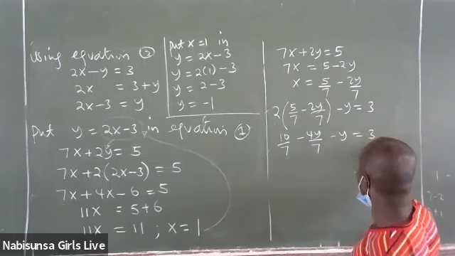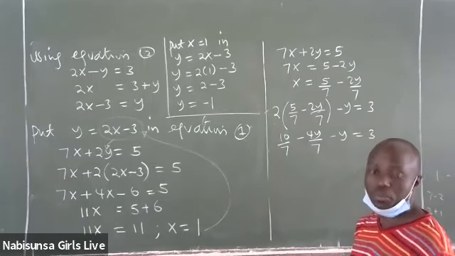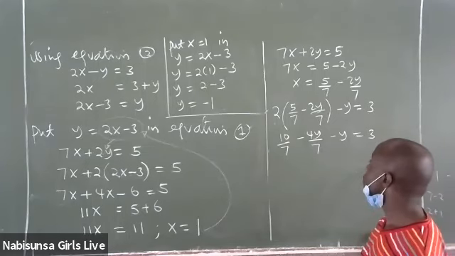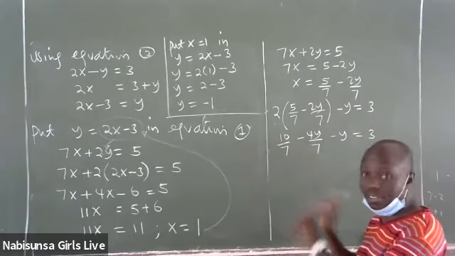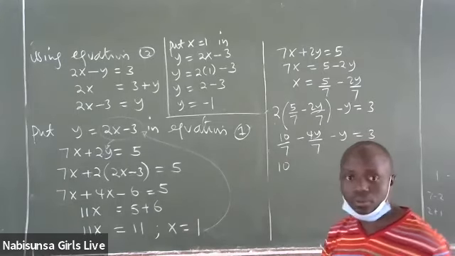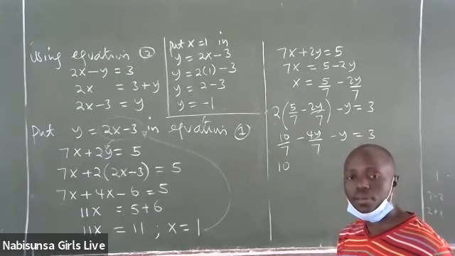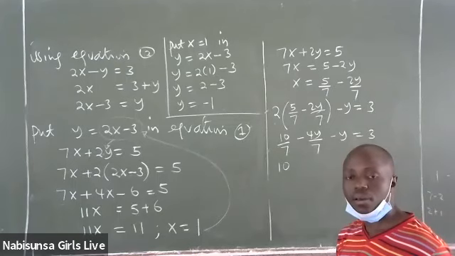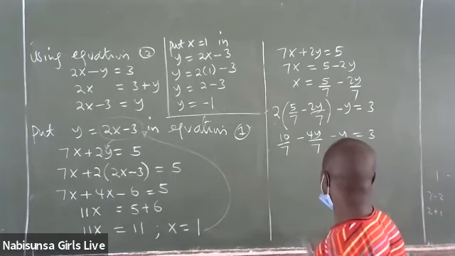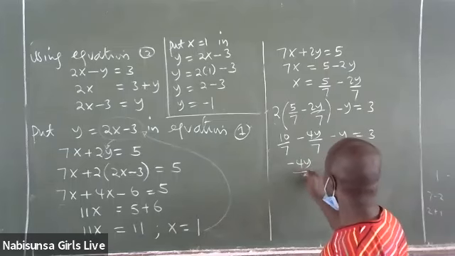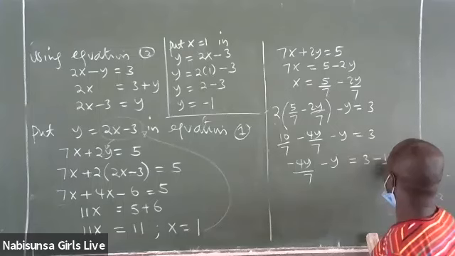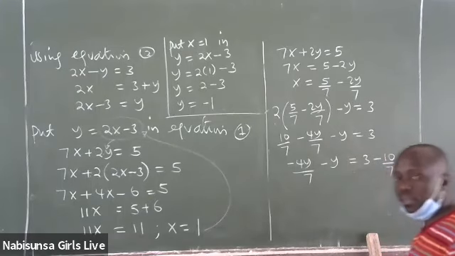Then y is 3. Then the LCM is what? The LCM is 7. So multiply every term by 7. Like I took the 10 over 7 to the other side, I remained with negative 2y over 7 minus y is 3 minus 10 over 7.